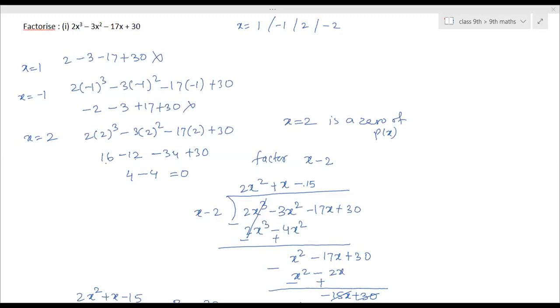Okay. Ankita, you were asking about some question whose values you got wrong. Which question is that? Ankita, are you there?